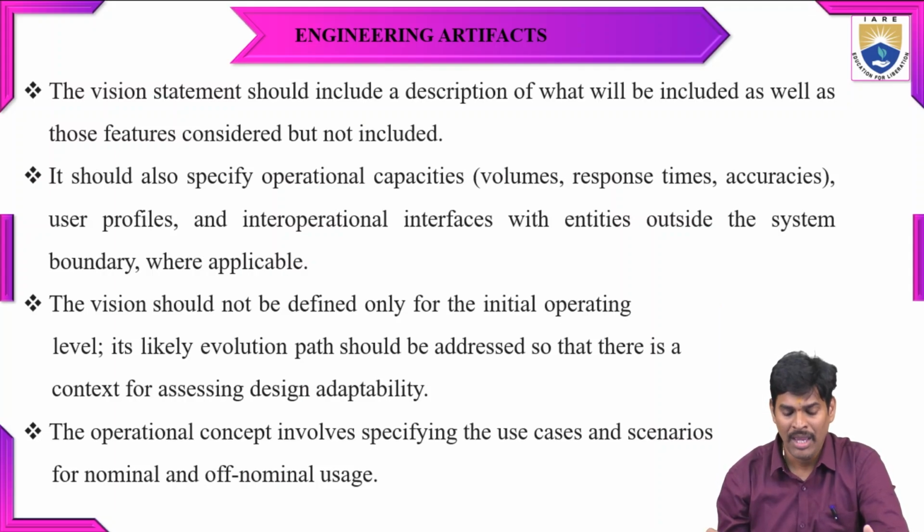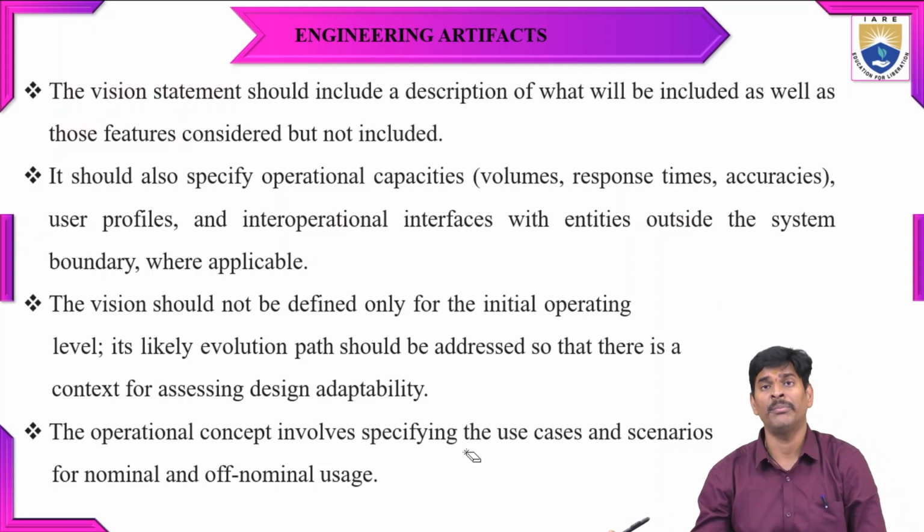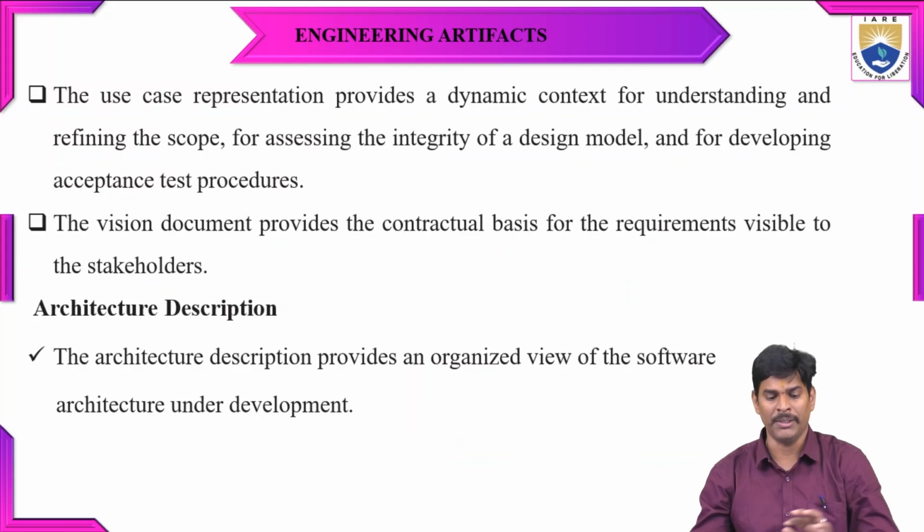Also, the operational concept involves mainly the use cases and the scenarios for the nominal and off nominal. So here they need to check who the main actors are, as well as the scenarios, when you are using the use cases. This will be very important when you are performing the operational concept here.